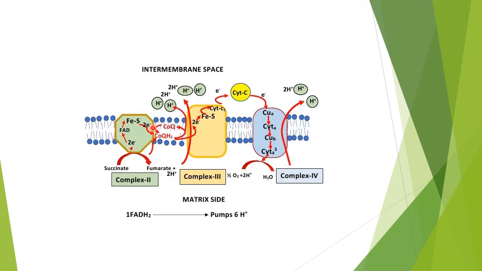Now, what is the role of this complex? This is complex second, which is also named the succinate dehydrogenase complex. This is, as we have seen, complex third. This is complex 4.